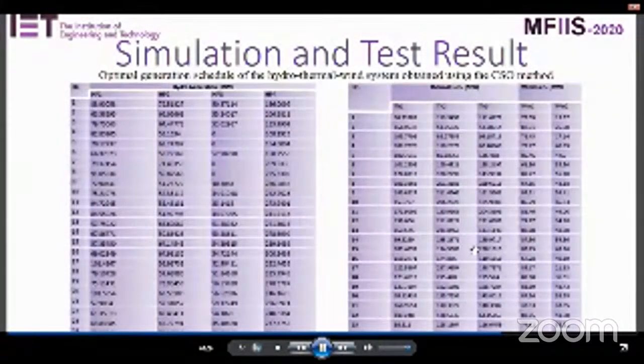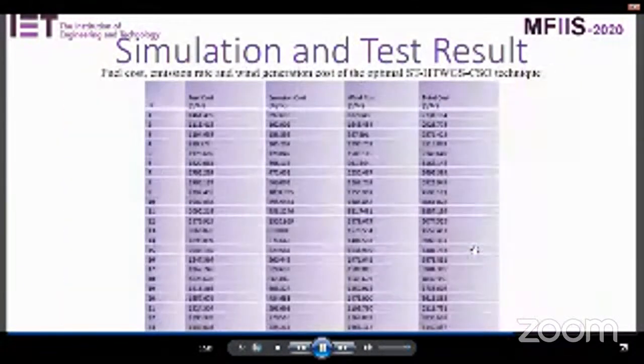And from the results, it is evident that CSO is very effective and competent in terms of solution quality as well as consistency. This table represents fuel cost, rate and wind generation cost of the optimal ST-HT-WGS problem using CSO.